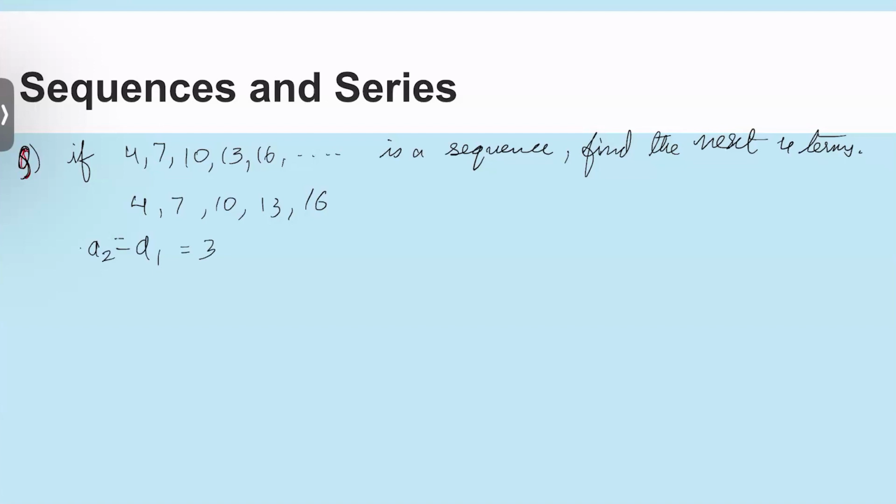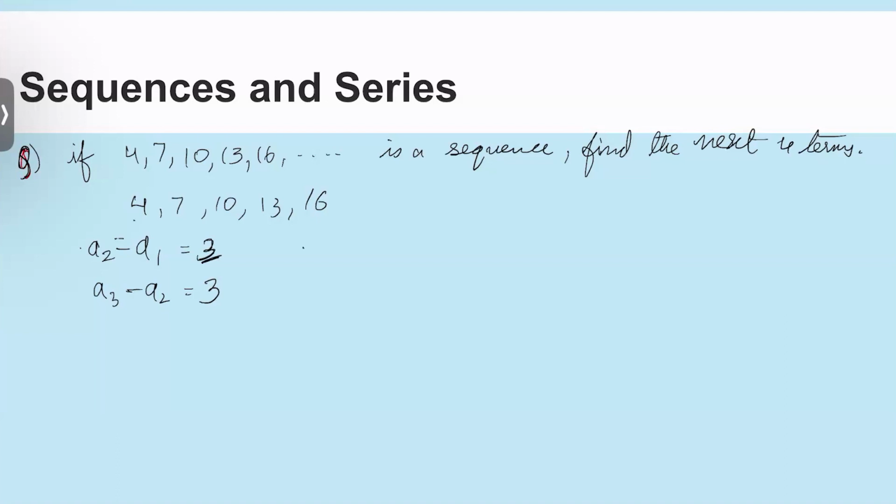Now you see if the same result is presented if you subtract A3 by A2, which is 10 minus 7, so that will be 3. If you see the sequence carefully, there is a difference of 3 between the preceding term and the consecutive term.